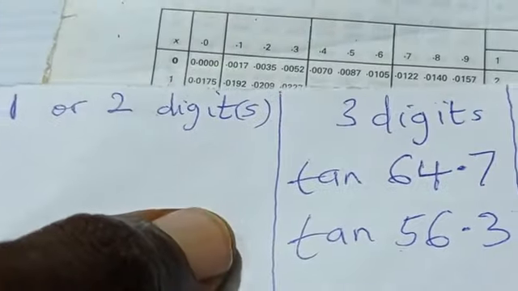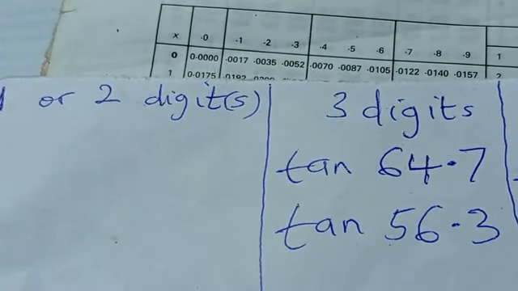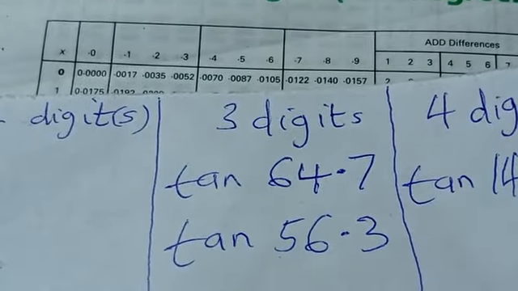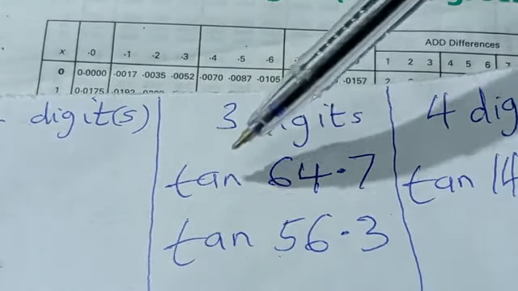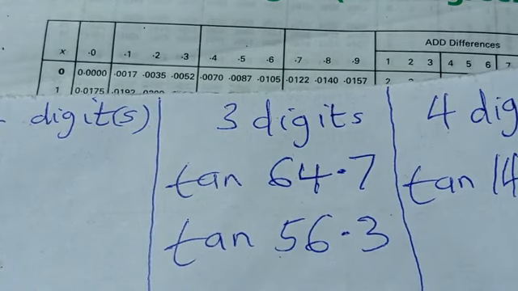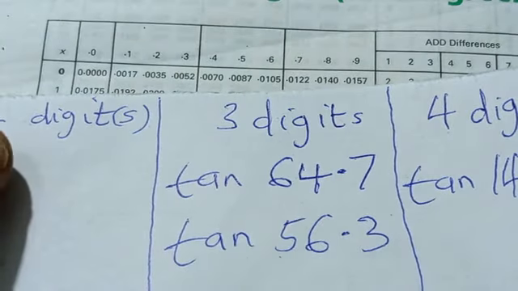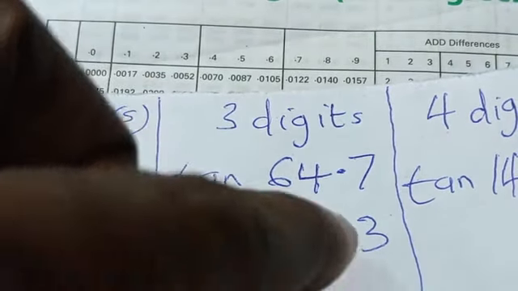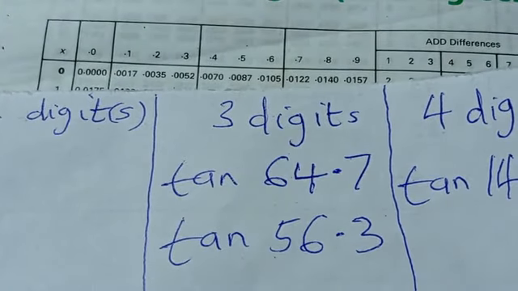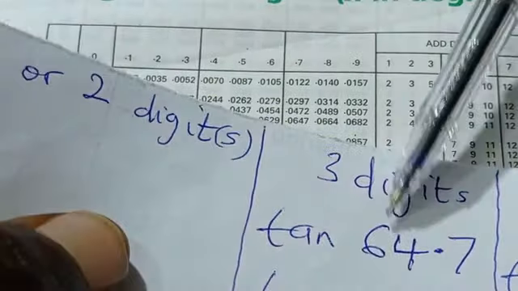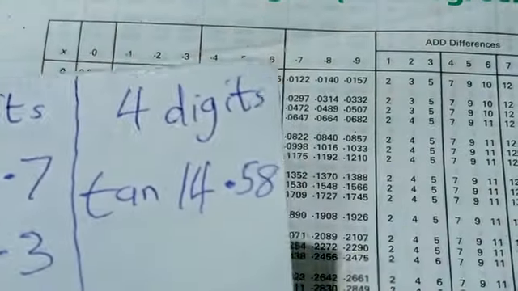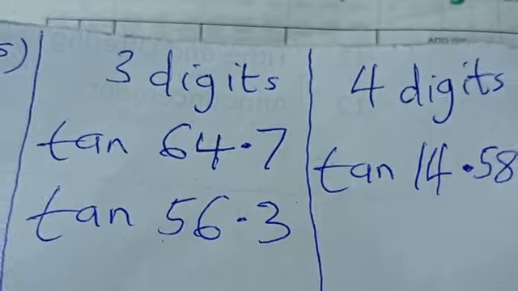Look at this. The example we have here is telling us that we have 64.7. How do we check it using the four-figure table? What you do is simple. Tan 56.3, tan 64.7. Let's check them out in the four-figure table. Just check 64. You will see it in the angle column.